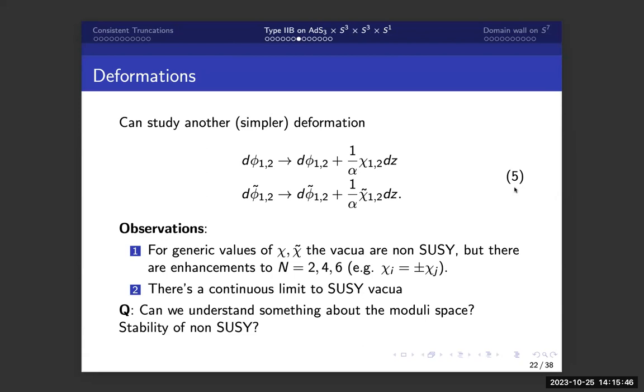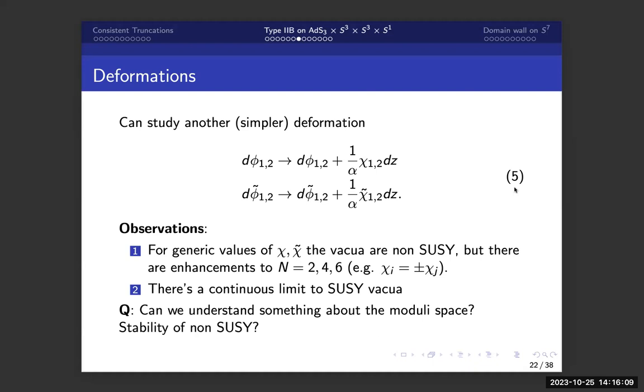Essentially, it corresponds to always taking the angles that parameterize the three spheres and shifting them by the circle direction times a coefficient. And the coefficient is now the modulus. There are 4 of them. For generic values of the chi's, this is again, in general, non-supersymmetric.